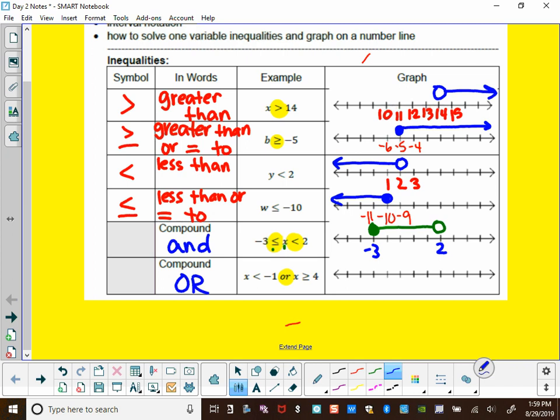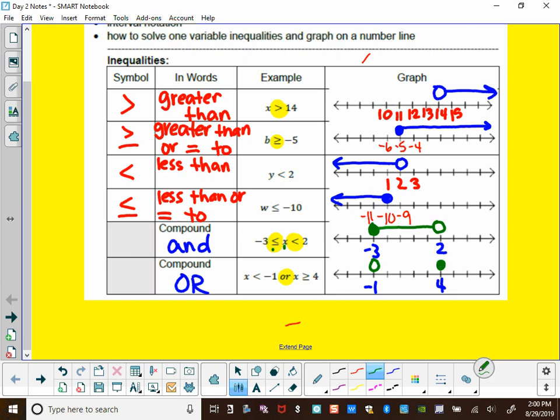So I have -1 and then +4. So -1, 0, 1, 2, 3, 4. My circle on the -1, open or closed? Open. My circle on the 4, open or closed? Closed.